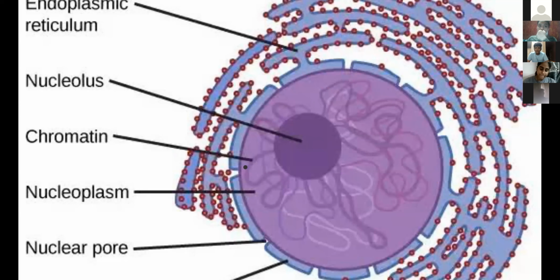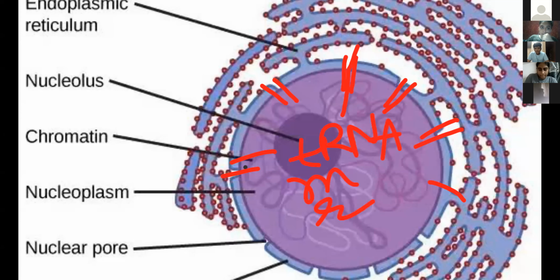Right? Then next, remember nuclear pore. This is the nuclear pore, right? These all are pores. This pore helps in movement of RNA. See, all types of RNA, mRNA, rRNA, tRNA, that we have learned, these all are formed inside the nucleus, but their main role they can perform in cytoplasm.